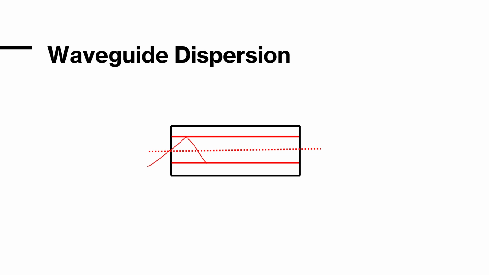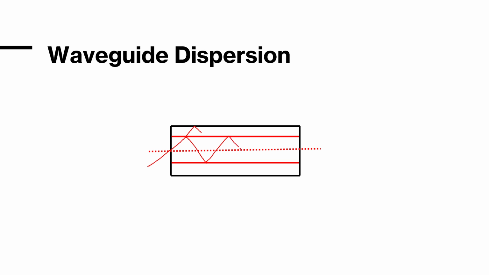But in waveguide dispersion, some part of the light signal gets propagated through the cladding part, and the speed of the light signal propagating through the cladding is higher as compared to the light signal propagating in the core.